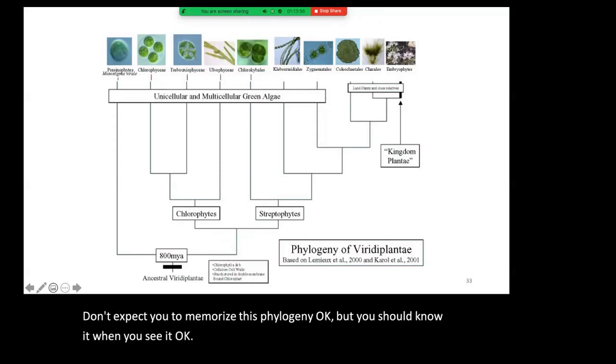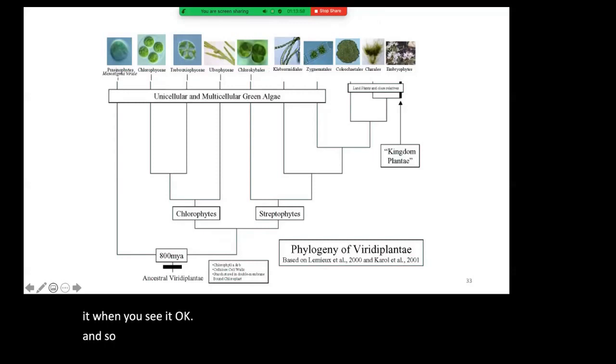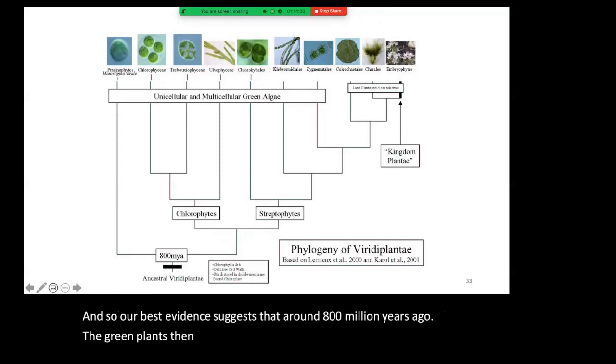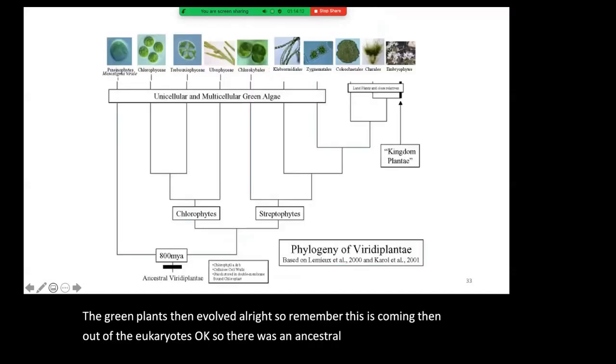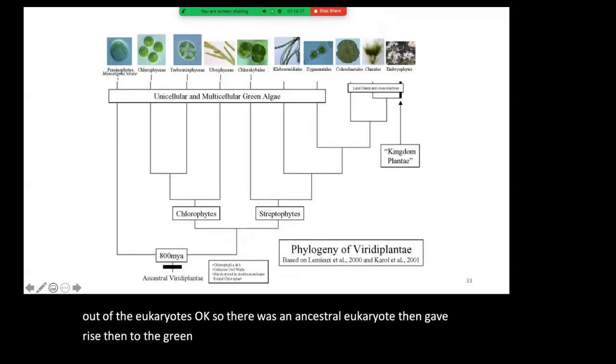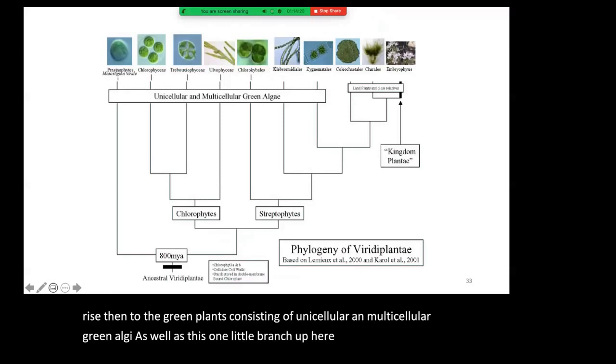And so our best evidence suggests that around 800 million years ago, the green plants evolved. All right, so remember, this is coming out of the eukaryotes, okay? So there was an ancestral eukaryote that gave rise to the green plants, consisting of unicellular and multicellular green algae, as well as this one little branch up here, which is the embryophyte, okay?